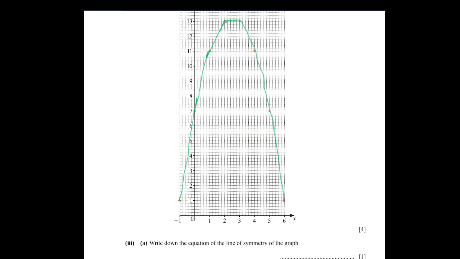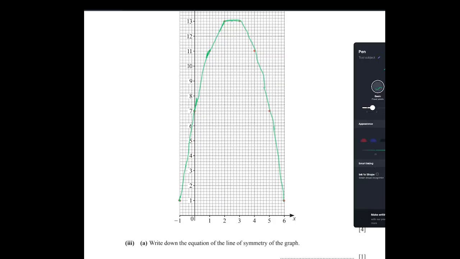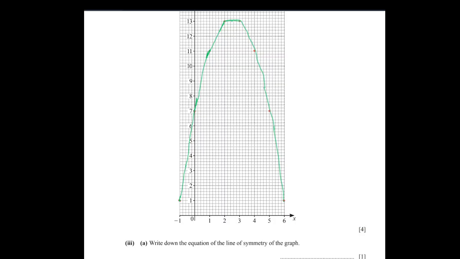So it should be in between these two, 2.5 should be here. Draw a line from here to the x-axis. So it is exactly 2.5, which is x is equal to 2.5.